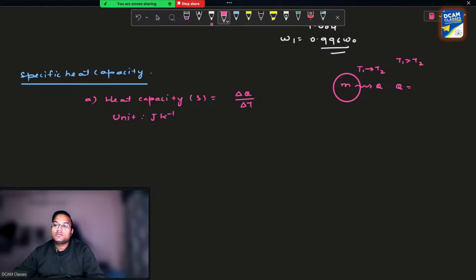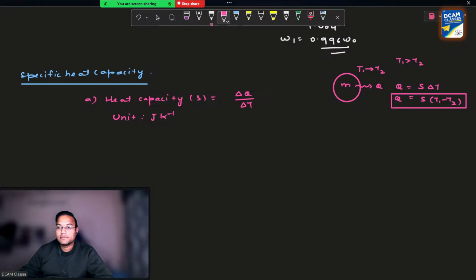The amount of heat lost or gained is given by S delta T, heat capacity into T1 minus T2. That's the formula for finding the heat lost or gained by a mass. They found the heat lost or gained is proportional to the change in temperature, and that proportionality constant was heat capacity.